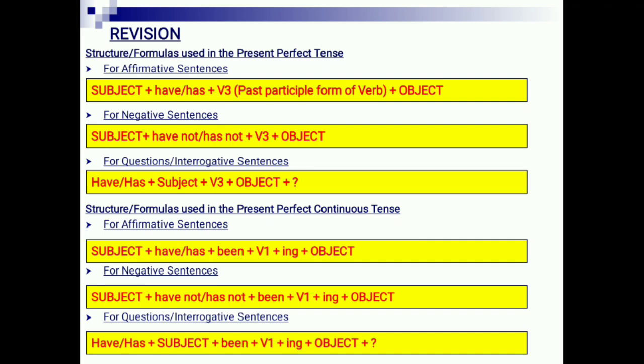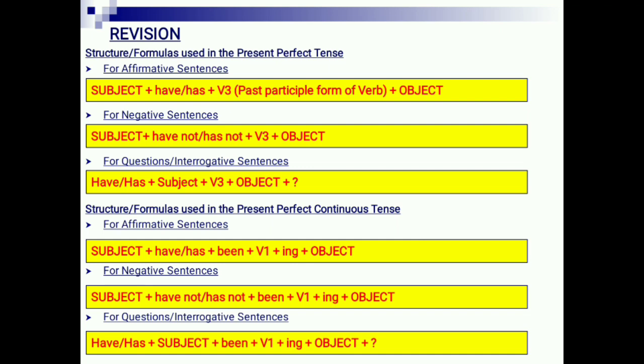For affirmative sentences using present perfect tense, the formula is subject plus have/has plus V3 plus object. For negative sentences, subject plus have not/has not plus V3 plus object. For question or interrogative sentences, have/has plus subject plus V3 plus object.